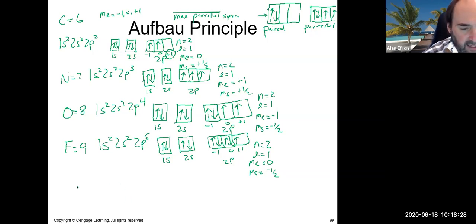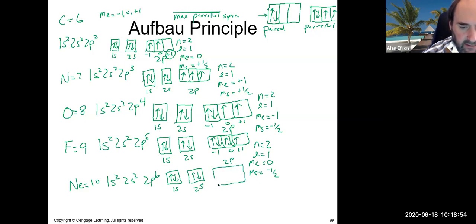And to finish out our first 10, which would be neon, which is number 10, it would be 1s2, 2s2, 2p6. And at this point, we would be filled up everywhere. 1s, 2s, and 1 up, 1 up, 1 up, coming back, and now we would pair them off in our 2p, and we'd be completely paired there.